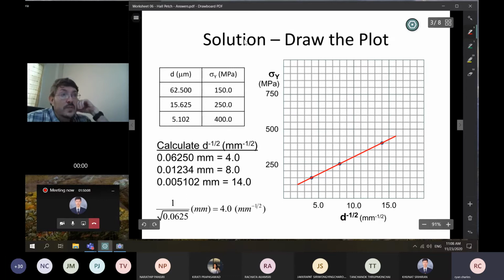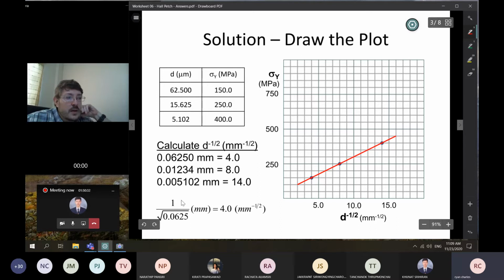So here's your table. We have a graph. And like in the lecture slides, it was sigma sub y and d to the minus 1/2. This is to help make this linear. So we have d, and we need d to the minus 1/2.